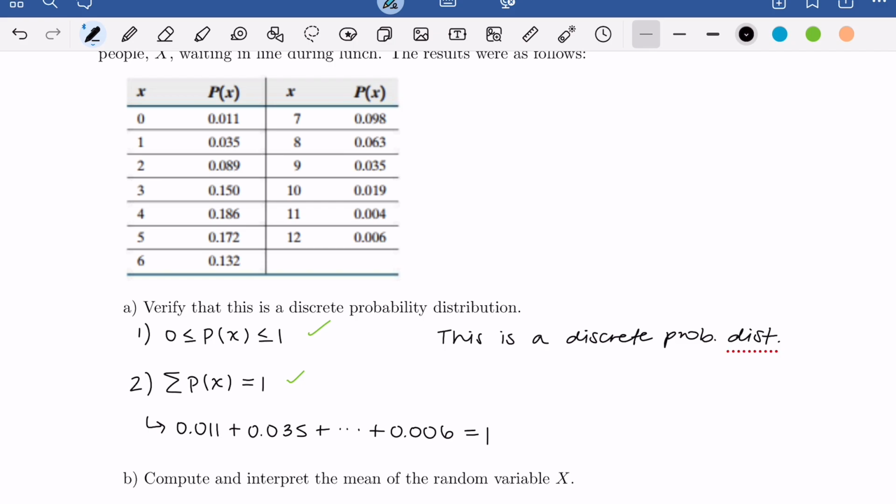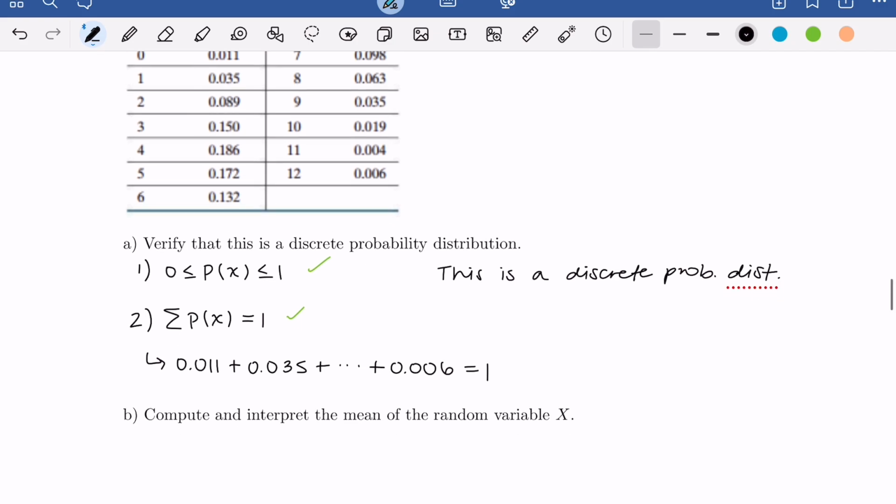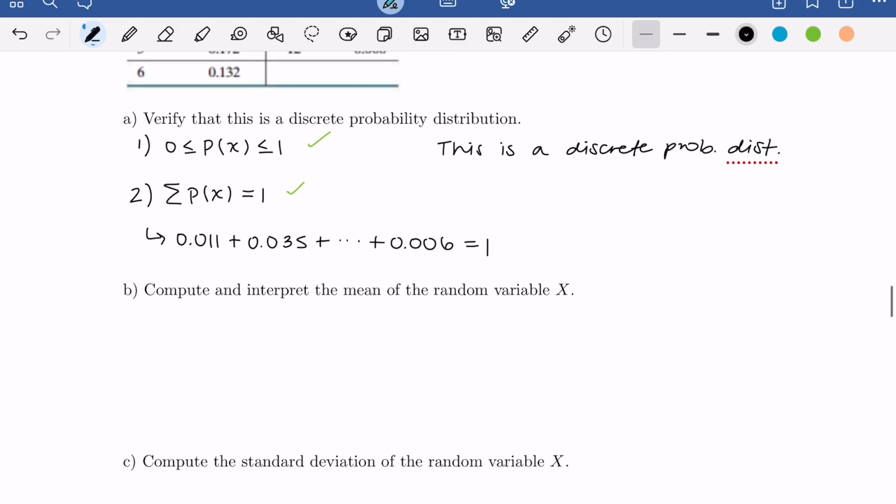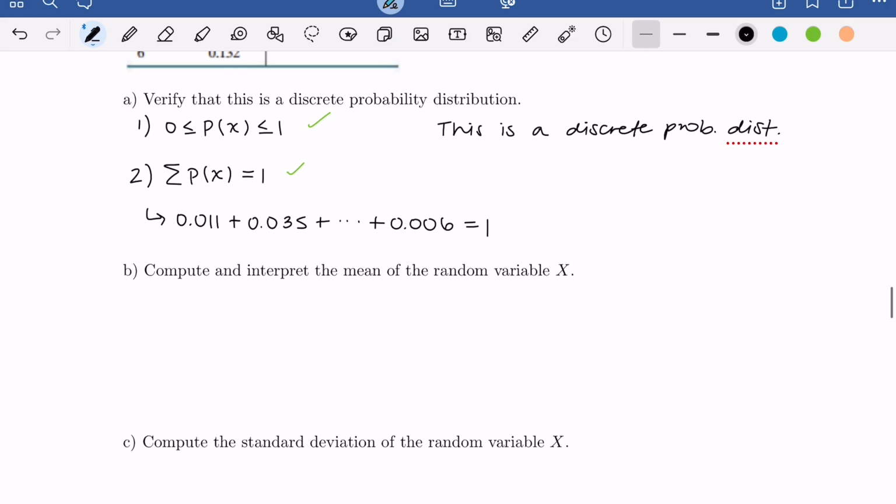All right. Now for part B, what we want to do is compute and interpret the mean of our random variable x. So the mean of this, which is going to be denoted as mu, is going to be equal to this here.